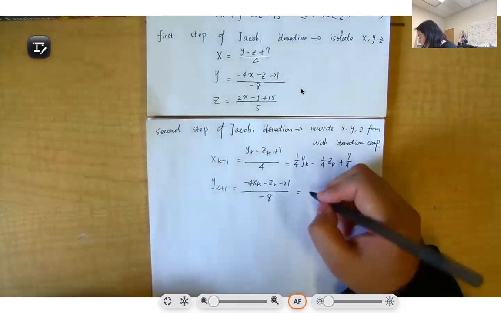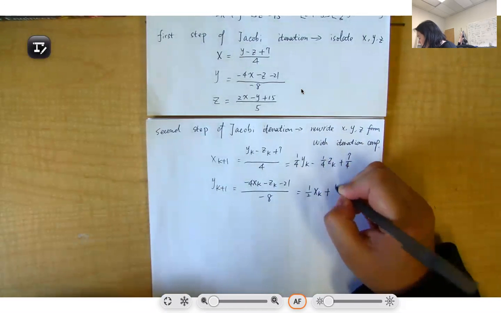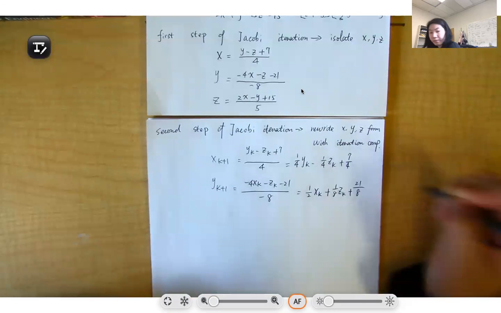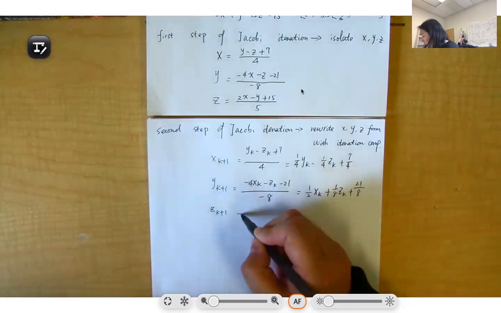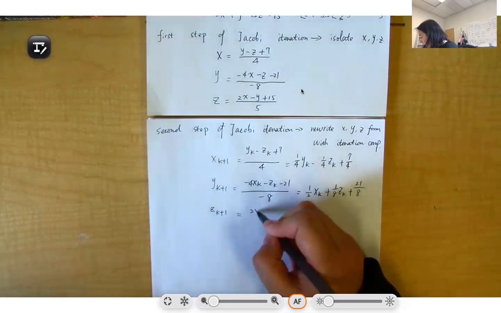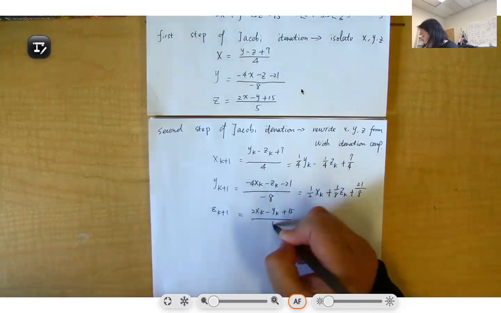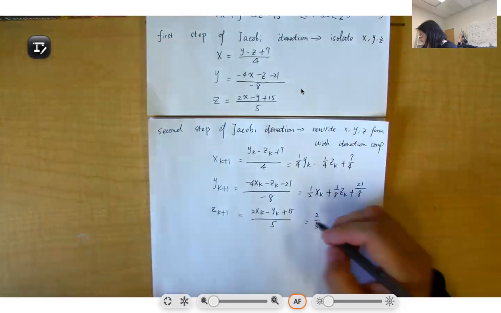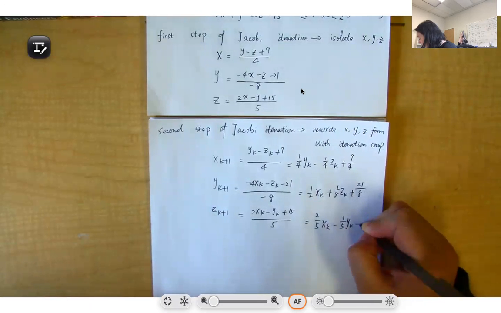And that will be 1 over 2 xk plus 1 over 8 zk plus 21 divided by 8. You can also write zk plus 1 equals 2xk minus yk plus 15 divided by 5. And that is 2 over 5 xk minus 1 over 5 yk plus 3.